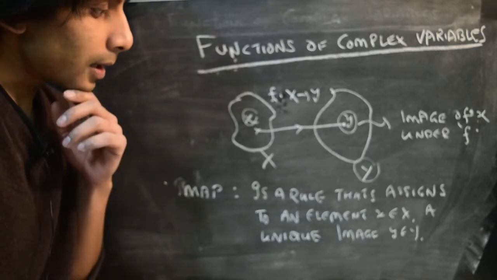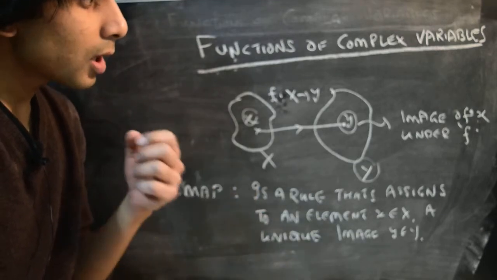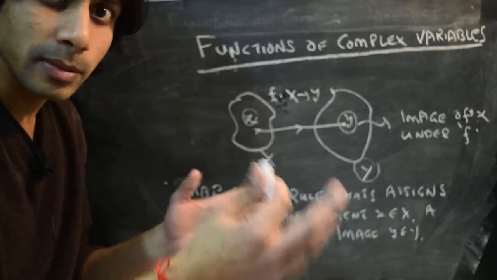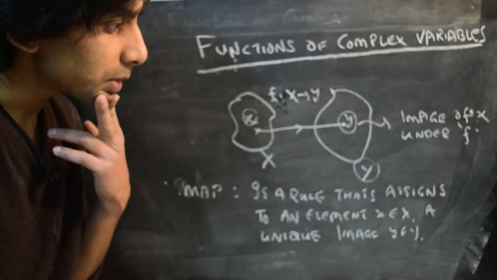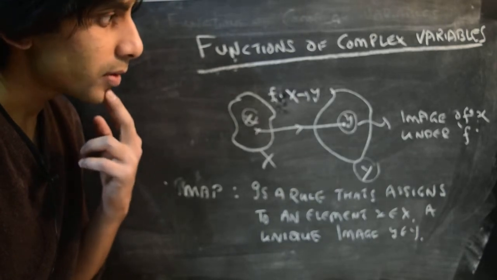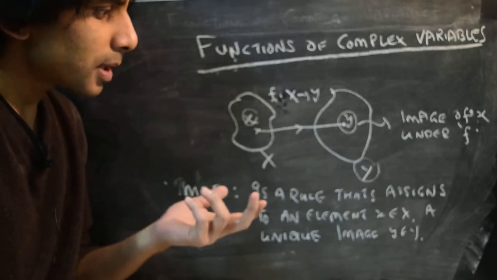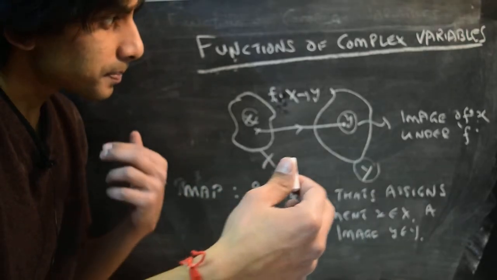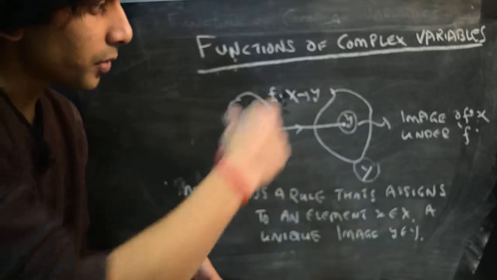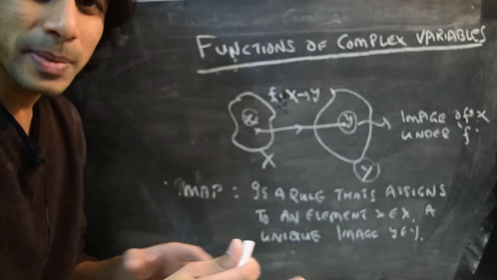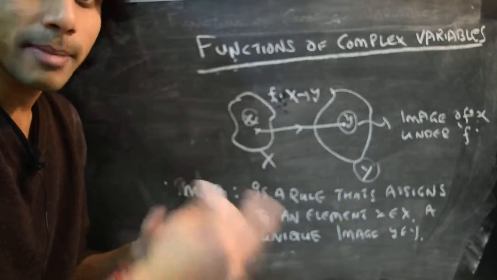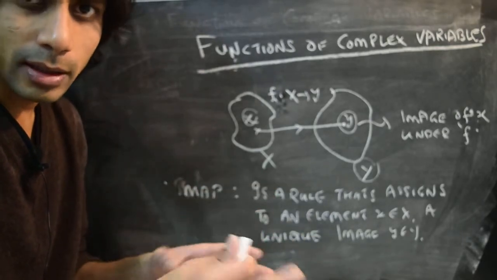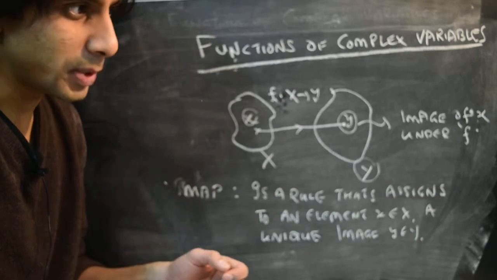Now when we specifically focus on objects of the form real or complex variables or numbers, or in general any kind of numbers, then people typically call this kind of a rule a function. So for our purposes, we wouldn't distinguish between what a function is and what a mapping is, and we'll just use them interchangeably.